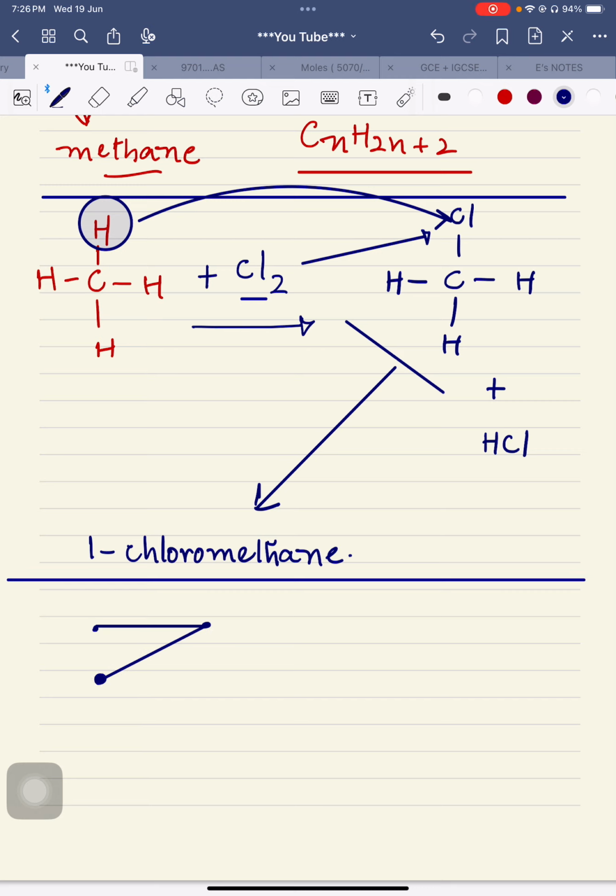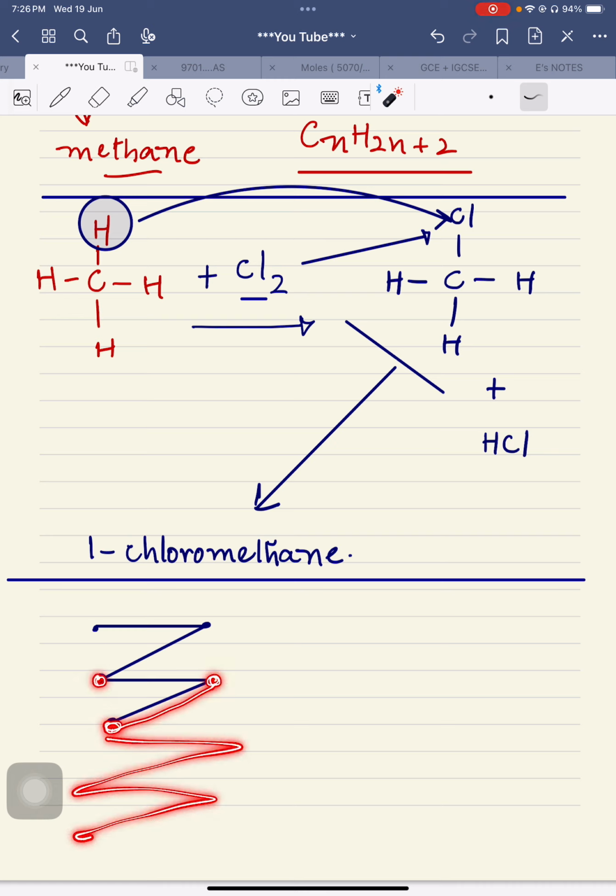I'm making it like this. And now I am bringing your attention over here. Product of step number one is acting as a reactant of step number two. Product of step number two is acting as a reactant for step number three, and so on, so on. Okay. So this is how it is happening in case of substitution reaction.